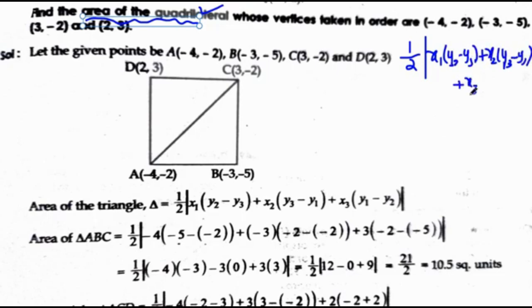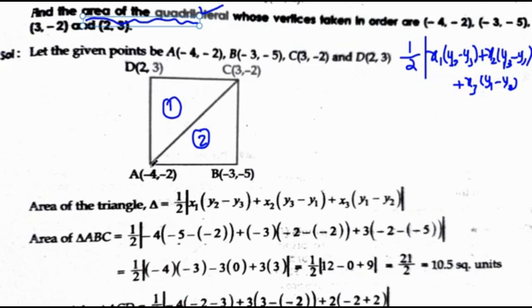Find the area of the quadrilateral. Students, in coordinate geometry, there is no specific formula for a quadrilateral, but we have a formula for the area of a triangle, which is half into x1 (y2 minus y3) plus x2 (y3 minus y1) plus x3 (y1 minus y2). To find the area of a quadrilateral, we divide it into two triangles.